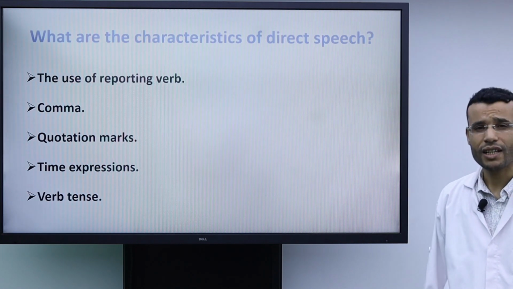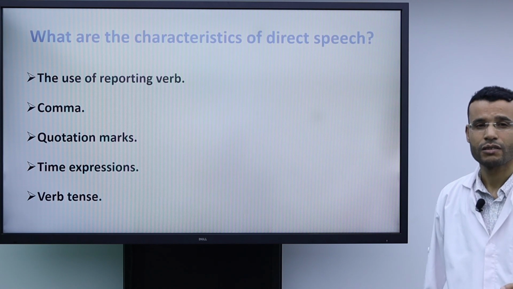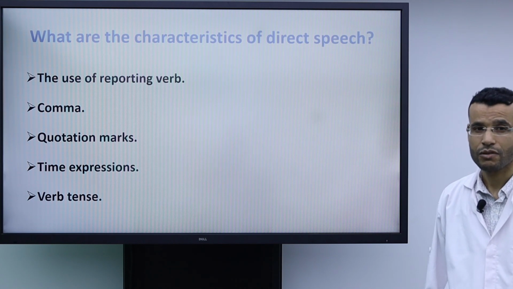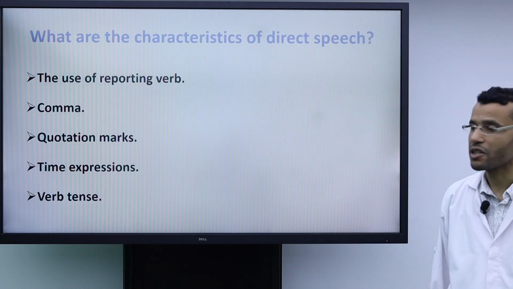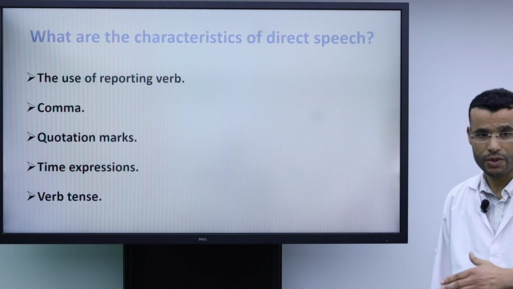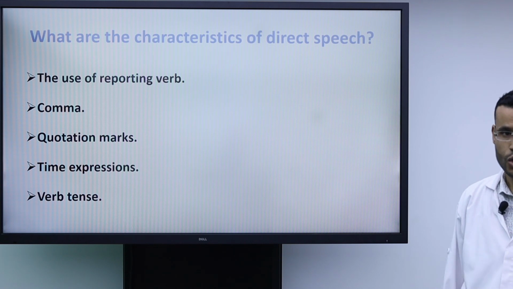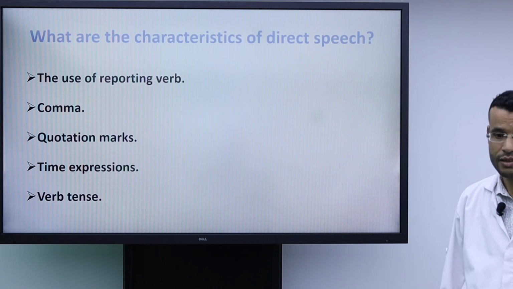Now, what are the characteristics of reported speech, or exactly speaking, direct speech? In order to distinguish between direct speech and indirect speech, you are asked first to know the characteristics.